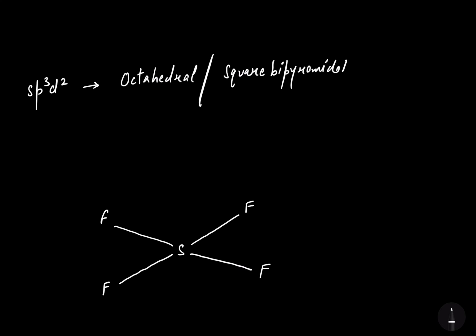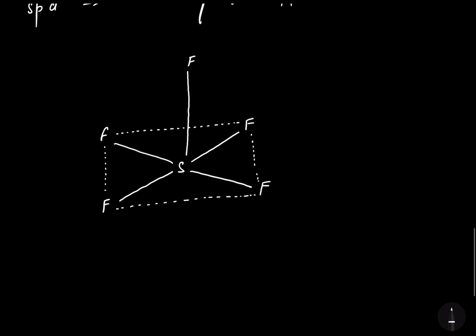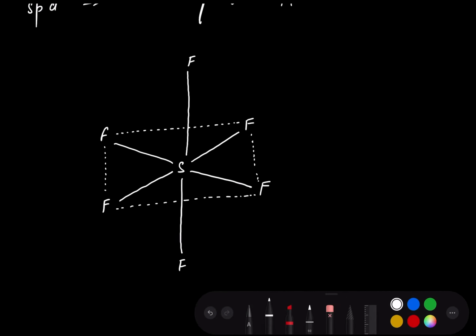Now I'm just imaginarily linking the fluorine atoms to make you understand this structure in 3 dimensions. This is the square equatorial plane. Now we are left with 2 fluorine. We got the 5th fluorine over here and the 6th fluorine over here. Now just imagine this structure in 3 dimensions.